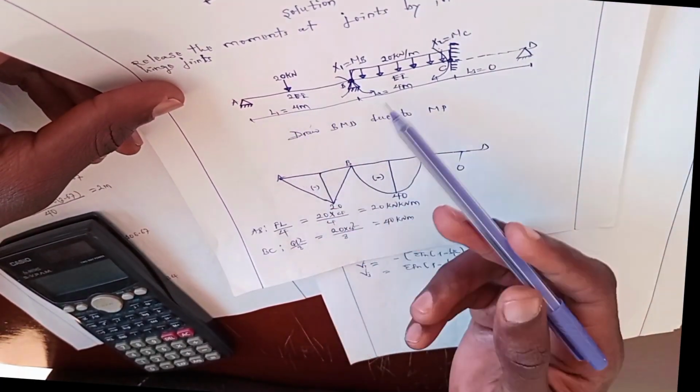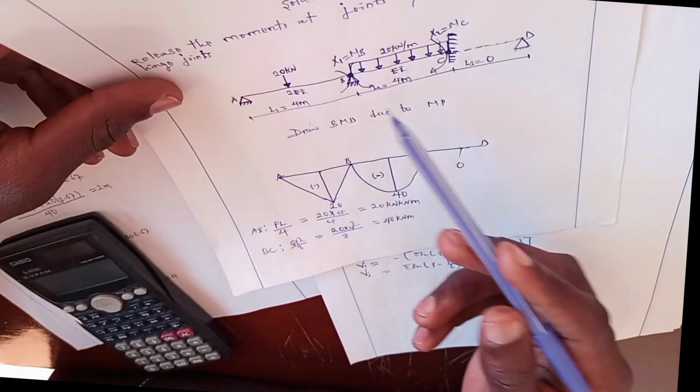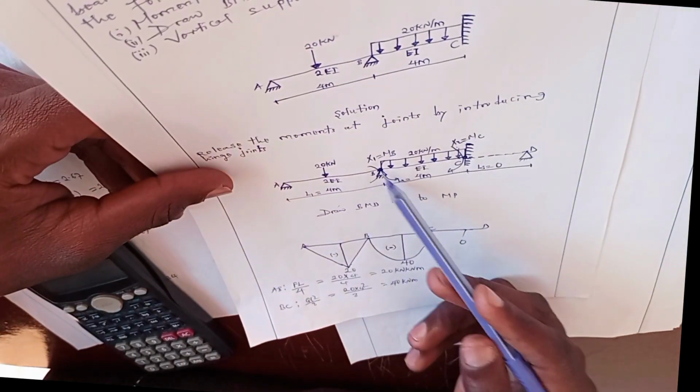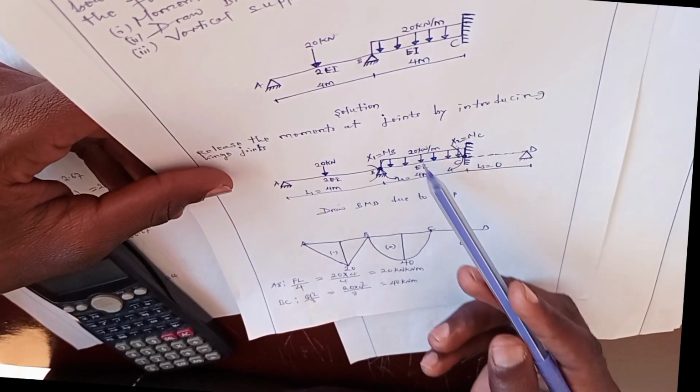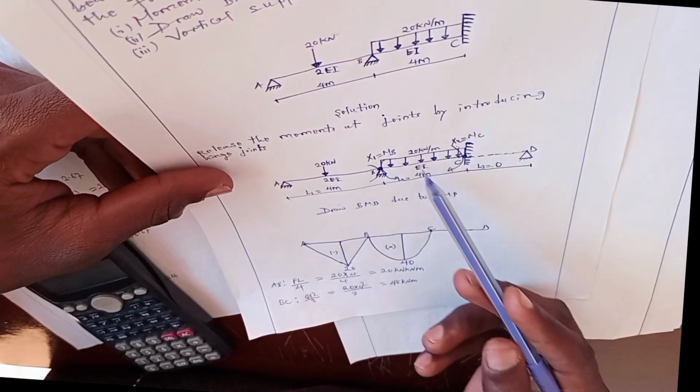For member AB, this is Fn point load, and for member BC, Fn is 20 times 4, which is the point load which acts for member BC.